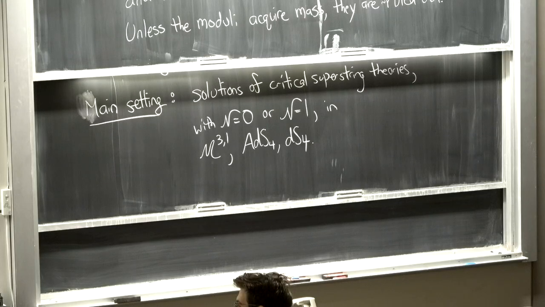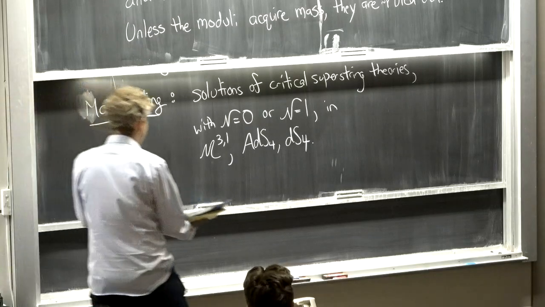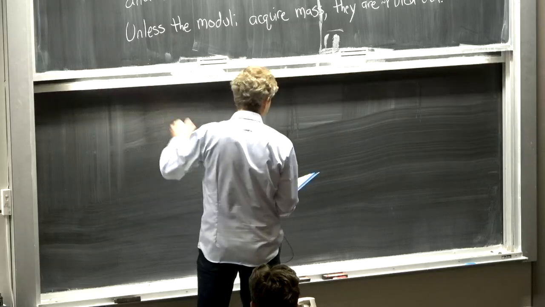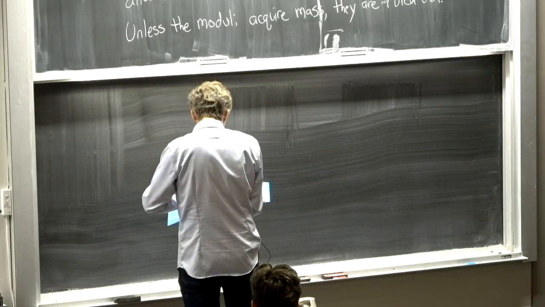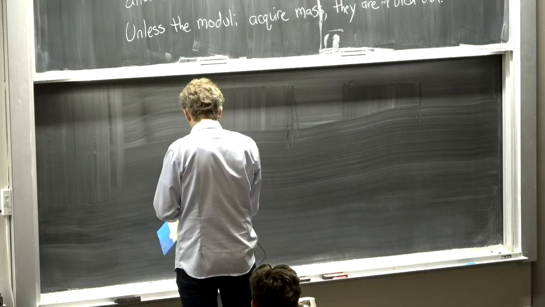Yeah. Okay, thanks. So by critical, what I mean is the following. Thank you. I do hope that everybody will jump in and ask if there's something that I don't define.